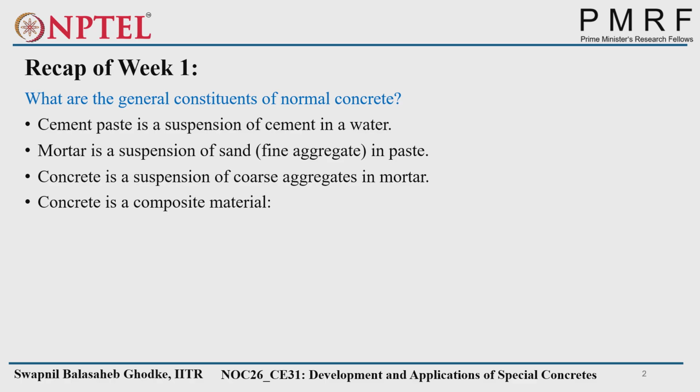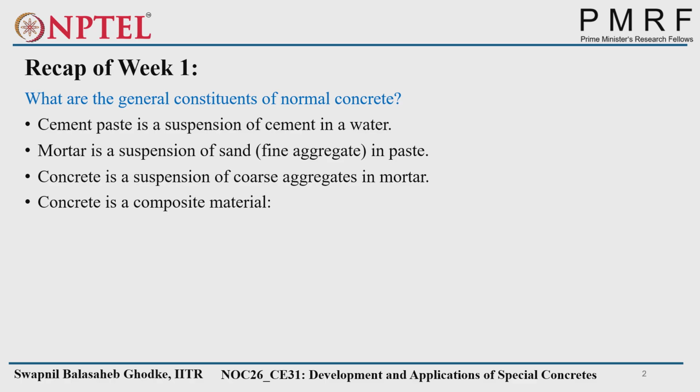If we add fine aggregate to that, it becomes a mortar, so sand or fine aggregate are suspended particles in the paste, which is a mixture of cement and water. Next, if we add coarse aggregate, it becomes concrete. So concrete is a suspension of coarse aggregates in a mortar.